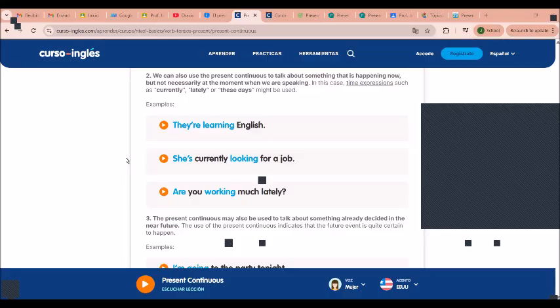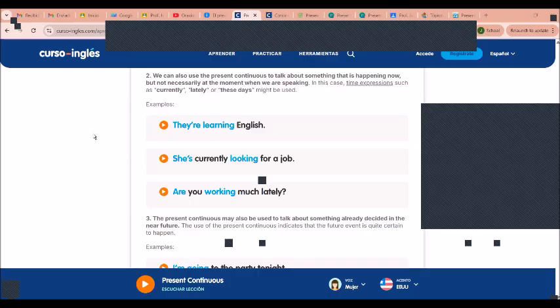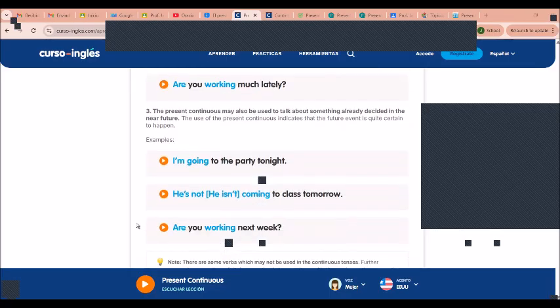In this case, time expressions such as currently, lately, or these days might be used. Continue. Examples. They're learning English. She is currently looking for a job. Are you working much lately? Good. All right. Well, let's continue with Leah Sharon, number three.